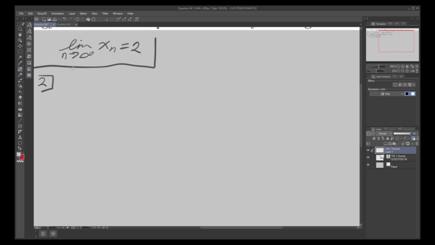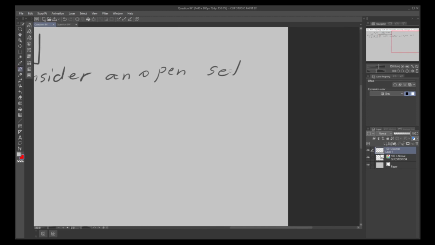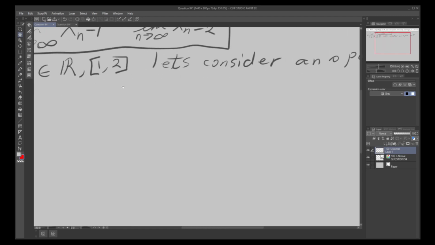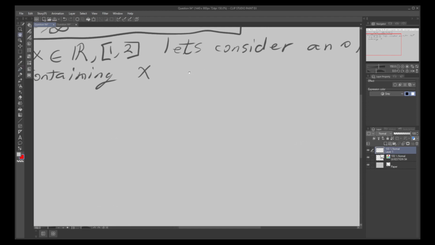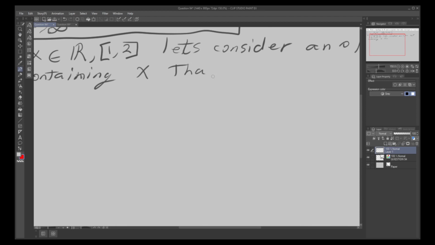So let's also now consider an open set containing x itself that would also be an open set in the standard topology of R.